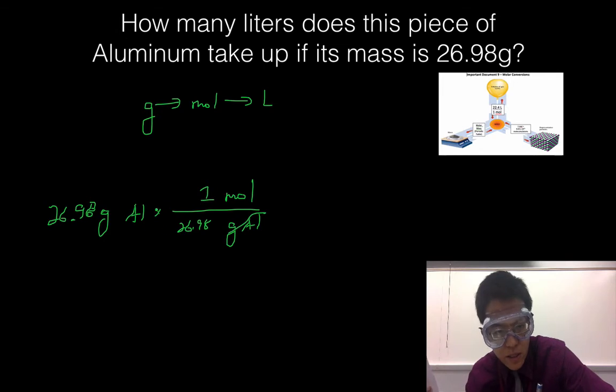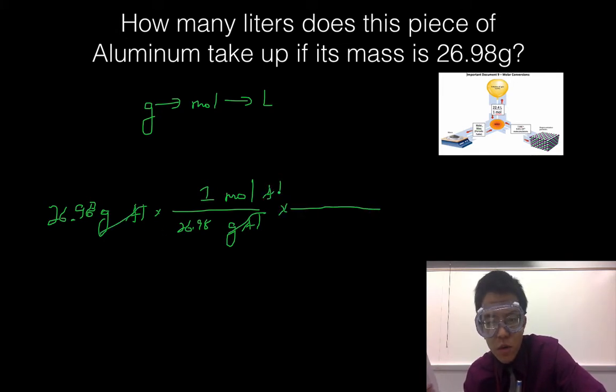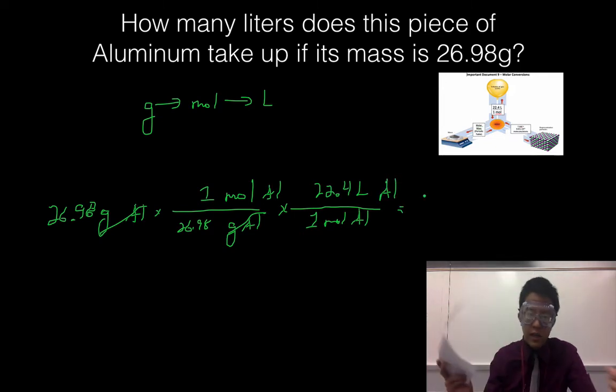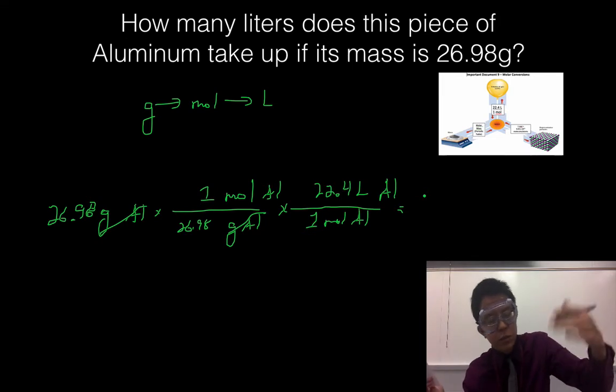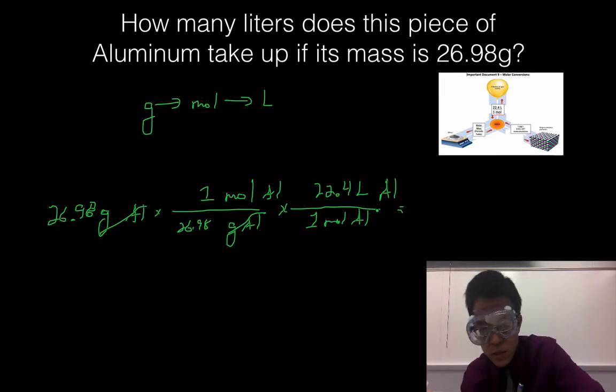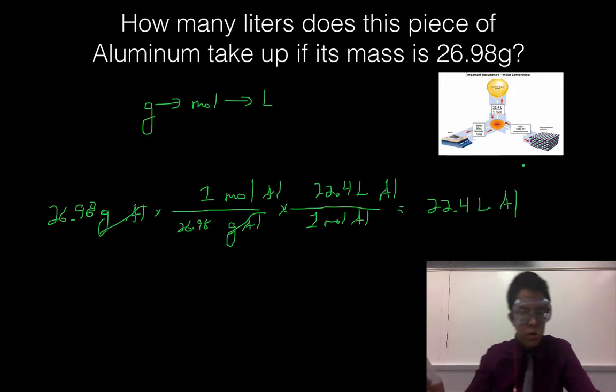The grams cancel out, I'm at moles, and then I might think, hey, in 1 mole of aluminum there are 22.4 liters of aluminum. I calculate 26.98 divided by 26.98 times 22.4, and that's 22.4 liters of aluminum.